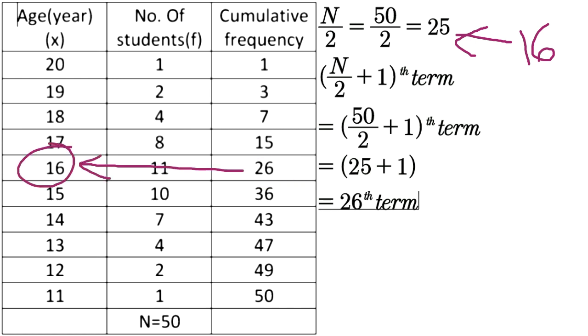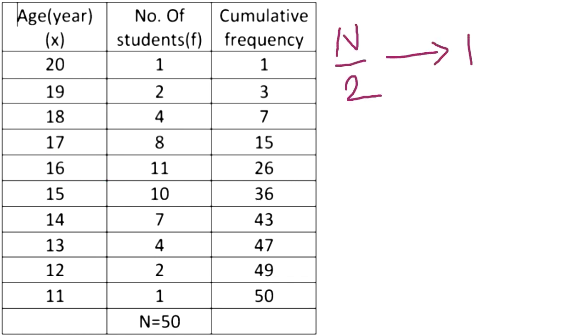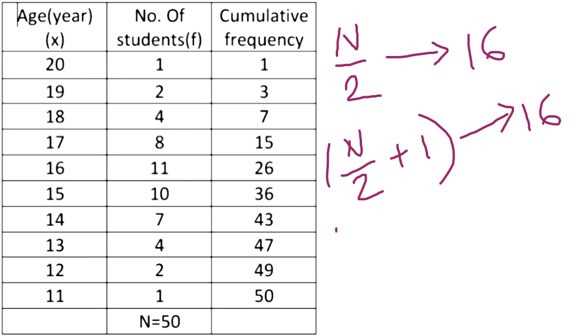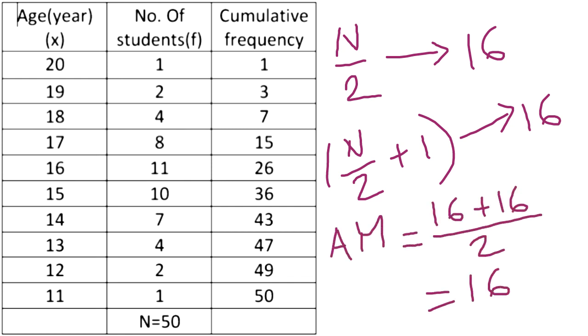So we have n by 2 value equal to 16, and n by 2 plus 1 is also 16. So the arithmetic mean of 16 and 16 equals 16. Therefore, the median value will be 16 here. In the question, the given unit is year, therefore the answer will be 16 years.